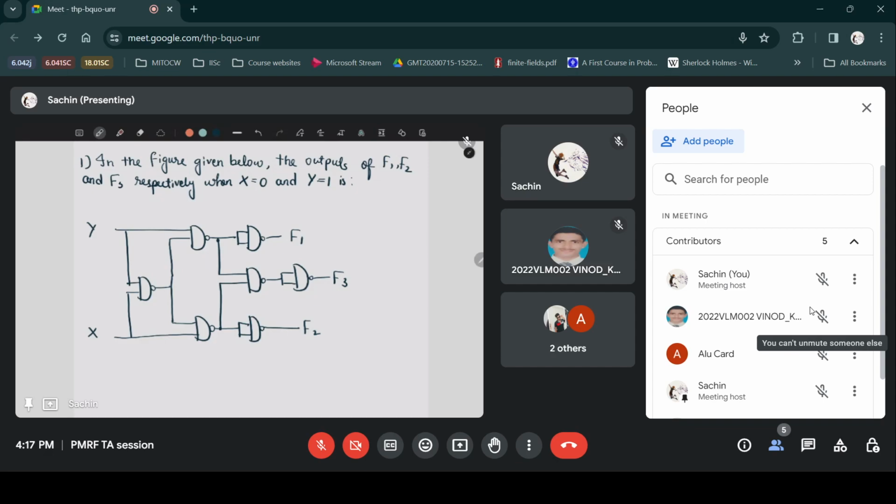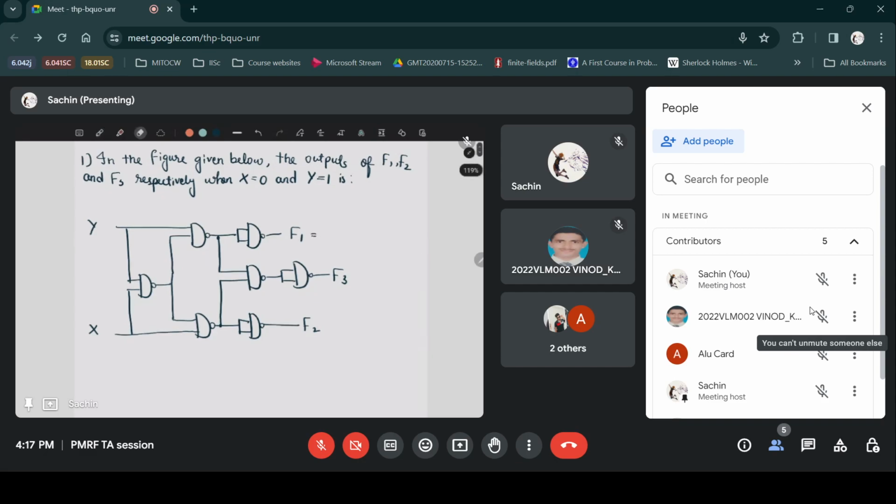So if y is greater than x, with a single bit, the only possibility is y is 1 and x is 0. Then f1 will be 1. If y is less than x, that is if y is 0 and x is 1, then f2 will be 1.